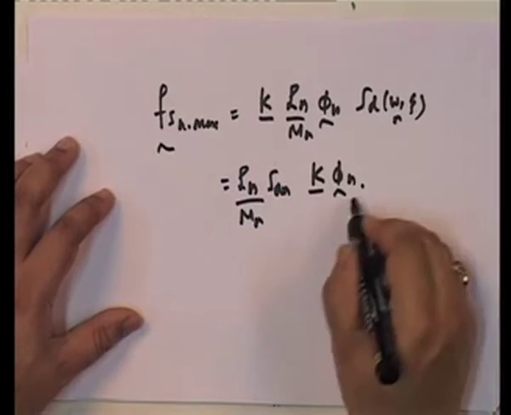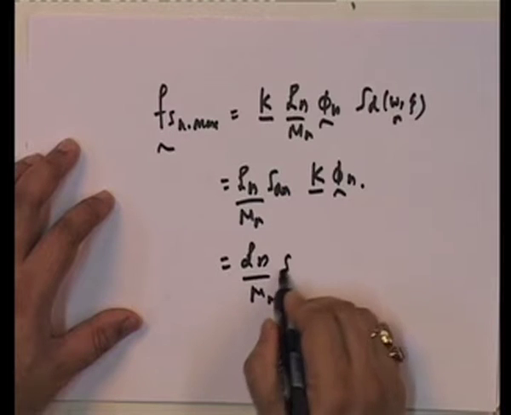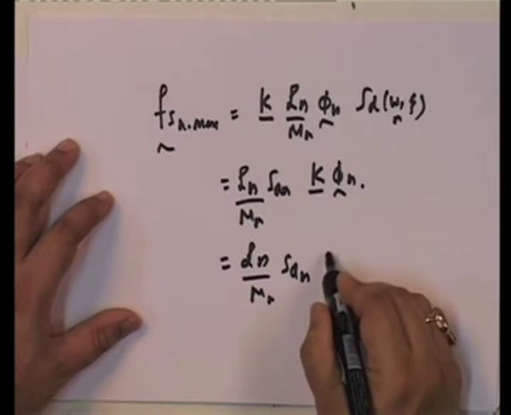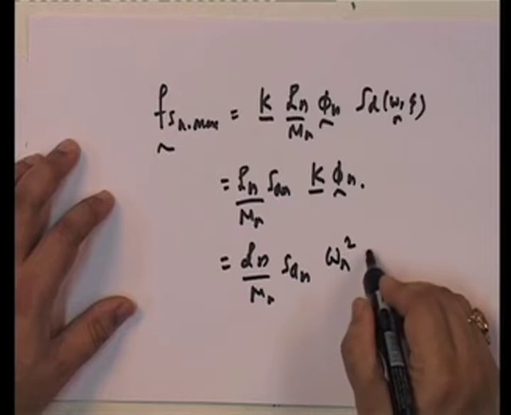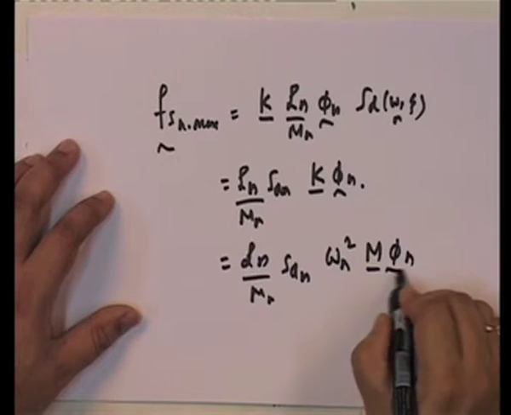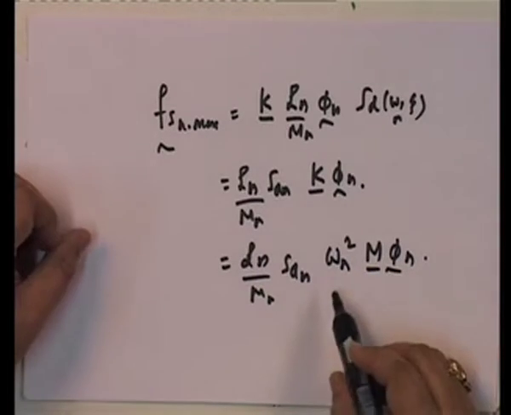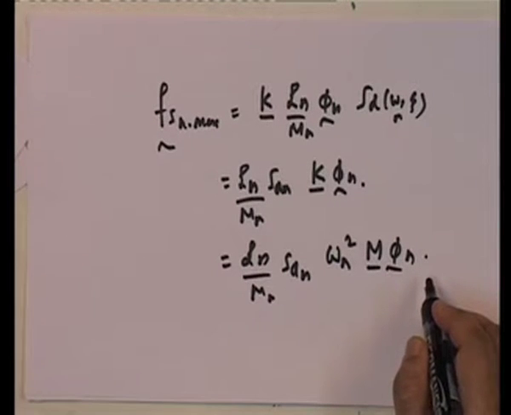Okay. So, what is k phi n equal to? K phi n is equal to omega n squared into m phi n by definition, we have already seen that. Okay.